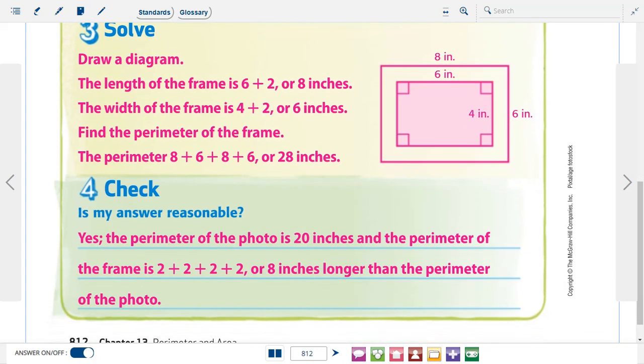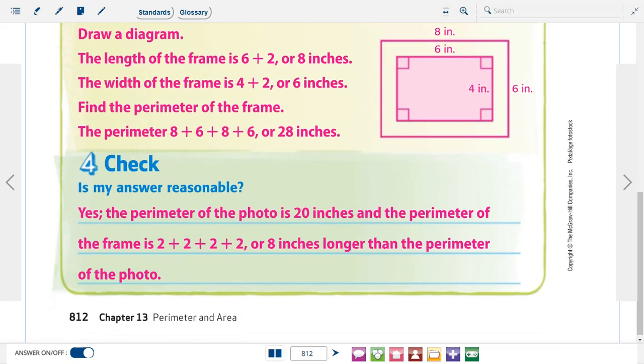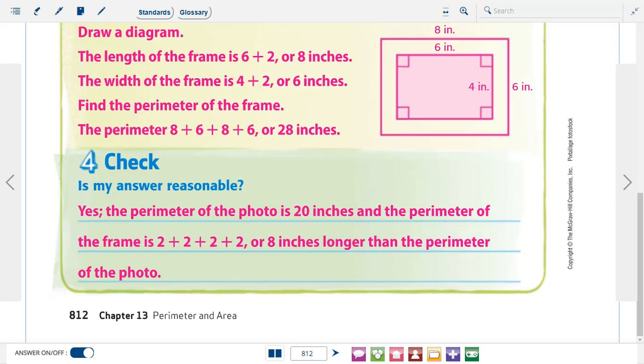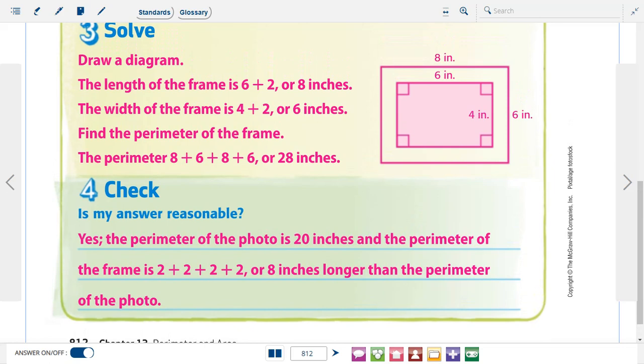Is our answer reasonable? Yes, because the perimeter of the photo is 6 plus 4, 10, plus 6, 16, plus 4, 20. So if we added 2 plus 2 plus 2 plus 2, 8 inches longer, so the perimeter will be 28.